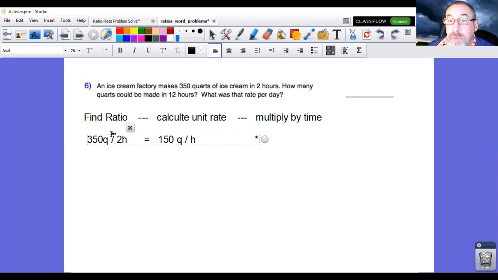We're going to multiply that by 12 hours. 175 times 12 is 2,100 quarts of ice cream made.